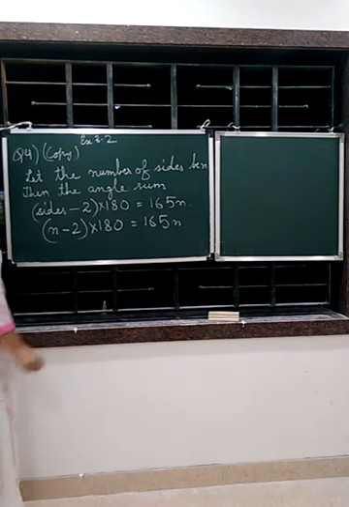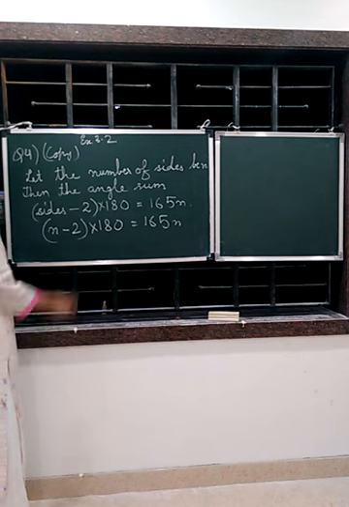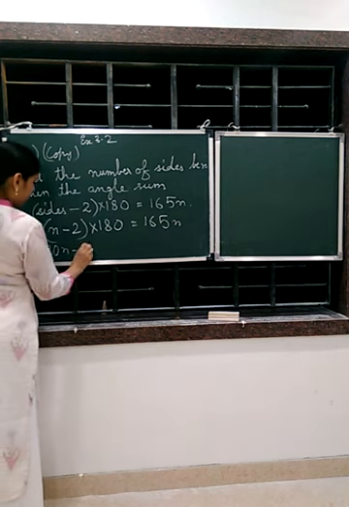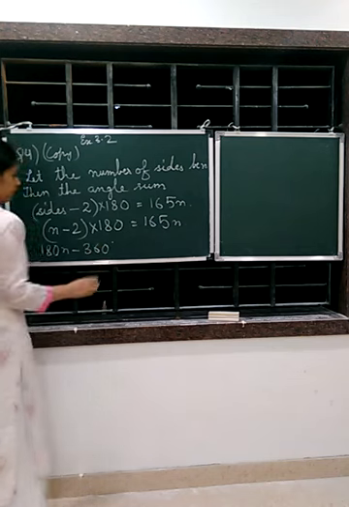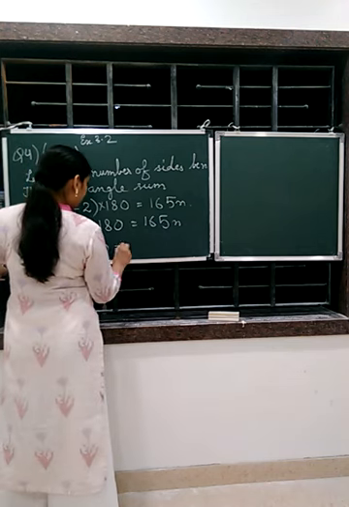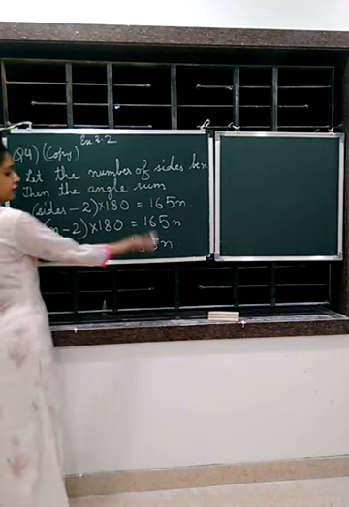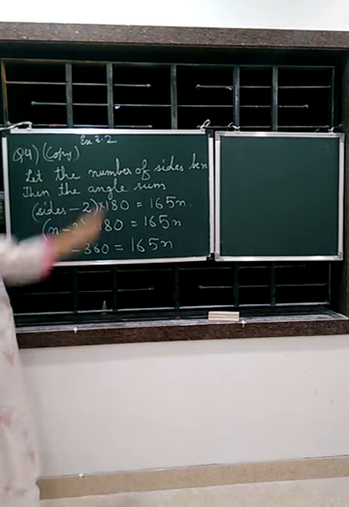Now we are going to multiply 180 inside: 180 n minus 360 equals 165 n. Now this 165 n will be transposed to this side and 360 will go to that side.